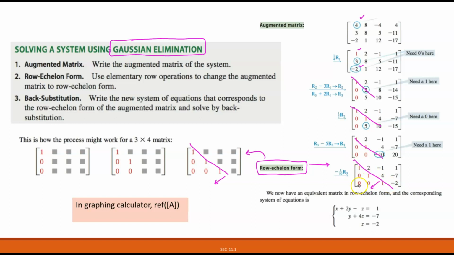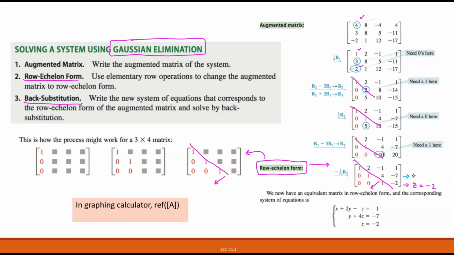With row echelon form, now we have to back substitute to get our solution. So here we're looking at z equaling -2. X and Y are 0 in coefficient, so 0 times X or 0 times Y just wipes them out. Then we back substitute.